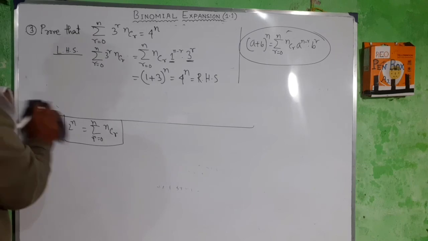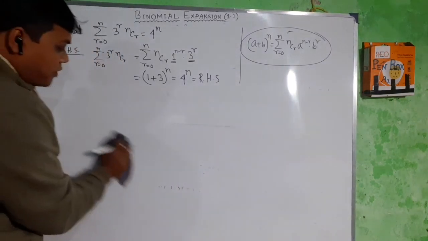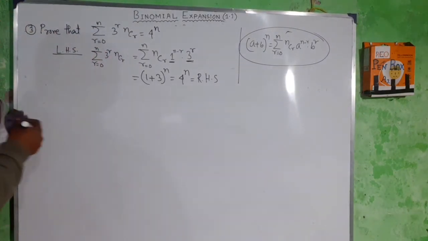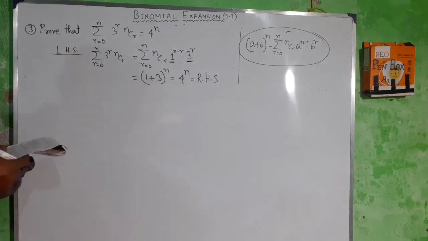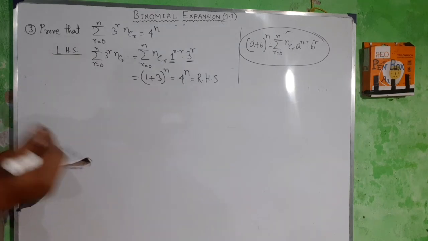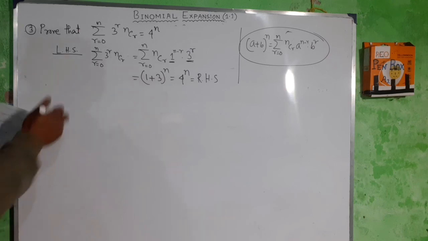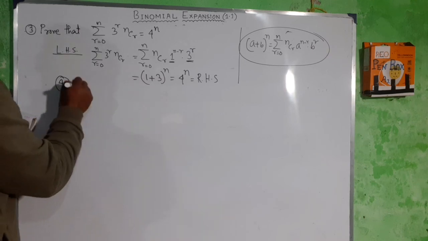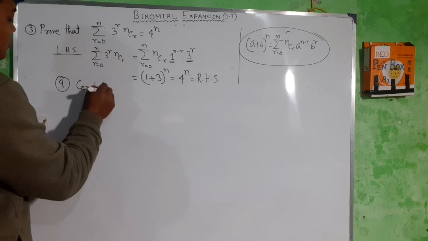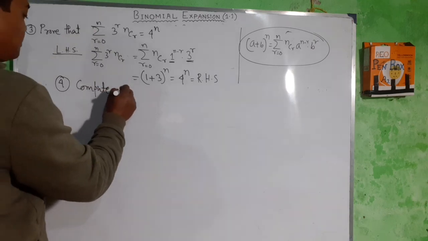Okay, so I will provide you some exercises. You will try them at home. If any problem arises, you can message me and comment. Compute 98 to the power 5.